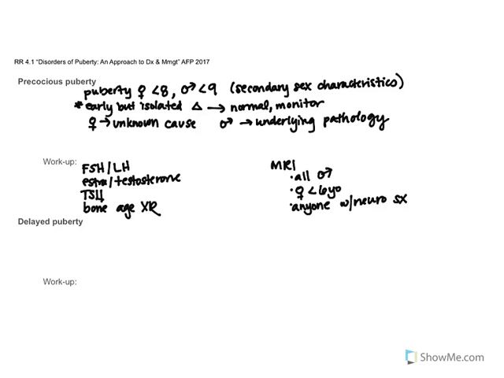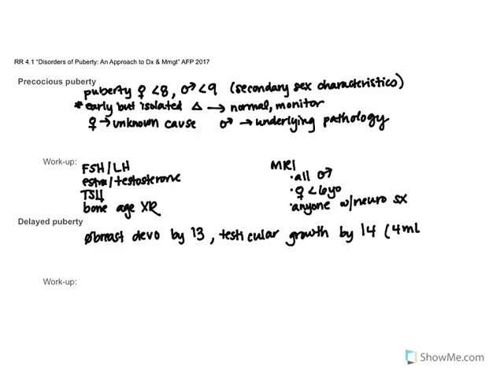Now let's talk about the opposite end of the spectrum, or delayed puberty. Delayed puberty is defined as no breast development by age 13 in girls. In boys, it's no testicular development by age 14. Testicular development is defined as a testicular volume of 4 cc's or length of 2.5 centimeters.